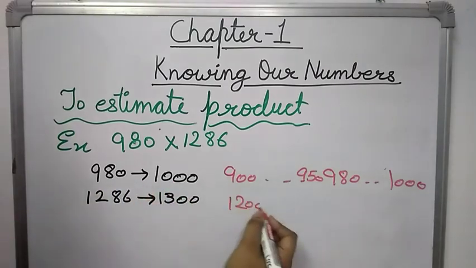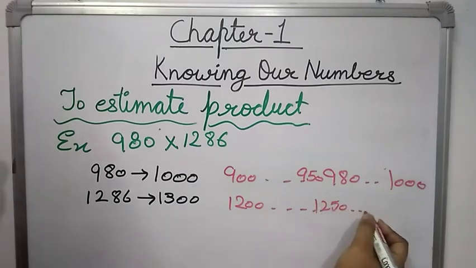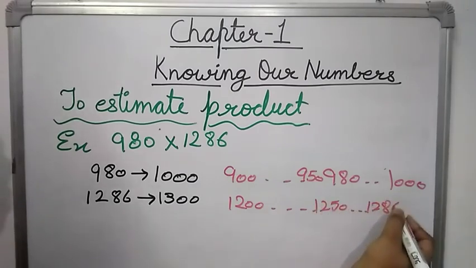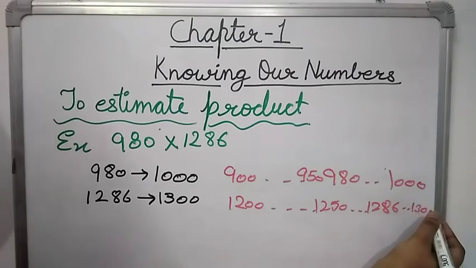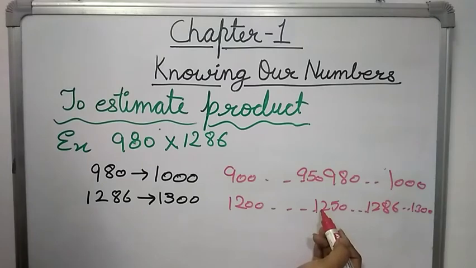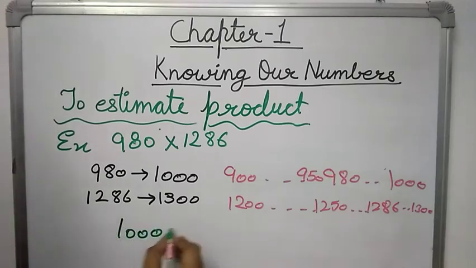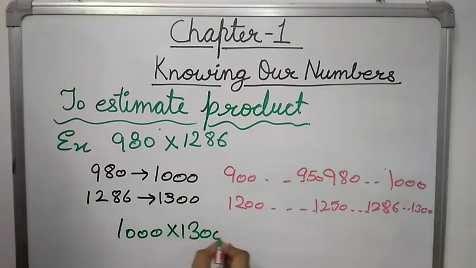And this 1286 is lying between 1200 and 1300 and it is greater than 1250, so it will be estimated as 1300. Then we will do the product of 1000 multiplied with 1300.